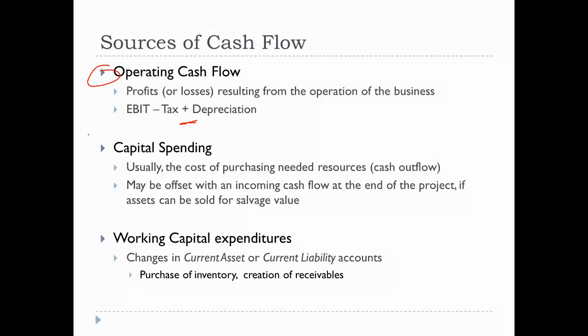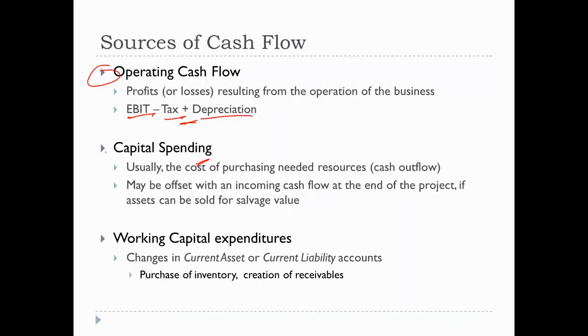Those things have effects on what we call the operating cash flow, which we could define as earnings before interest and taxes minus the tax plus depreciation. Don't worry if that doesn't make too much sense just yet. We'll come back and elaborate on that a little bit more.